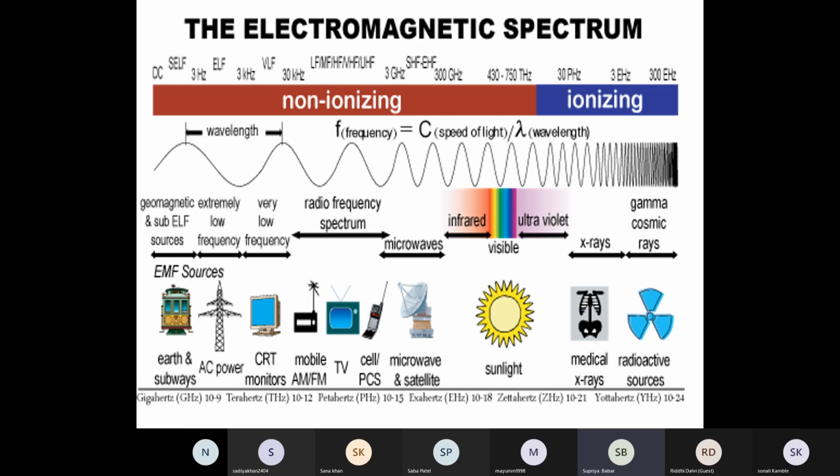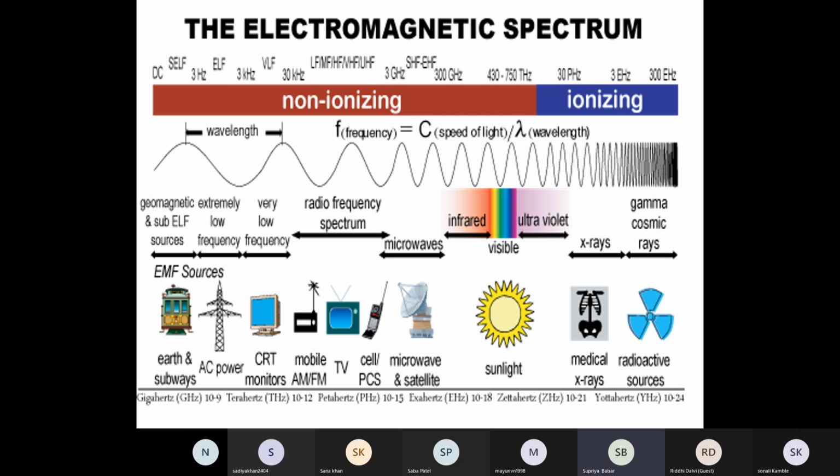That region comes between 30 centimeter to 2 into 10 raised to 5 centimeter. In the radio frequency, there is the cell phone that we use, PCS. These are the examples. TV is there, then mobiles and FMs.